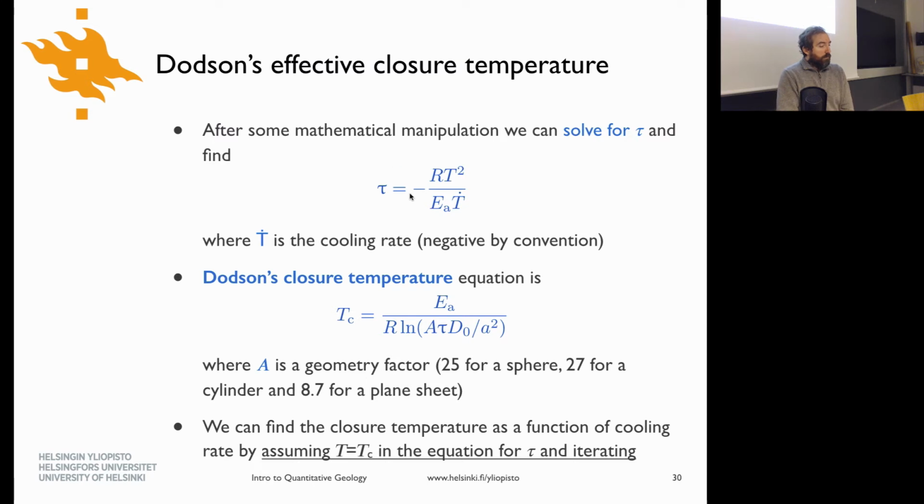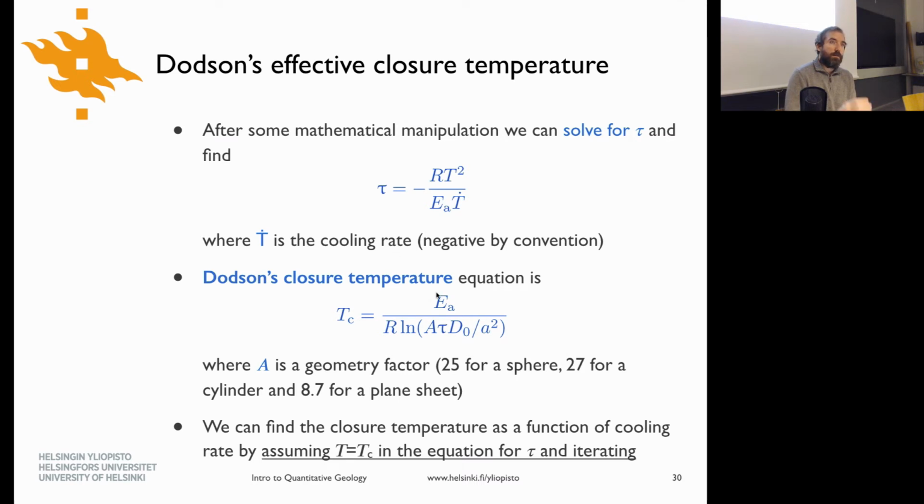So there's a way in which we can calculate what this tau should be, and the tau is essentially going to be equal to gas constant times the closure temperature squared divided by the activation energy times the rate of cooling. So you can already see here the cooling rate coming into this tau, and once we have tau, we can then calculate what this closure temperature would be.